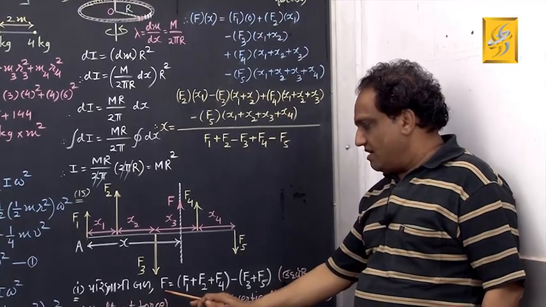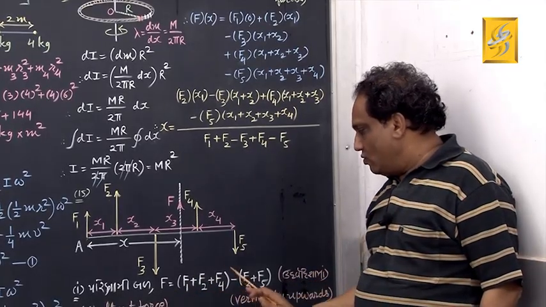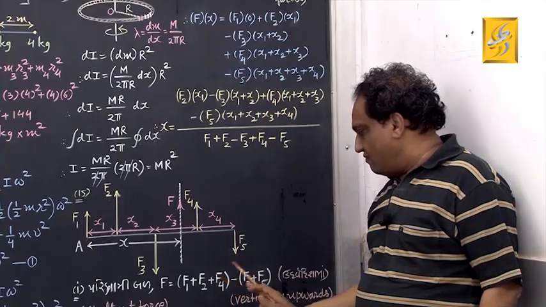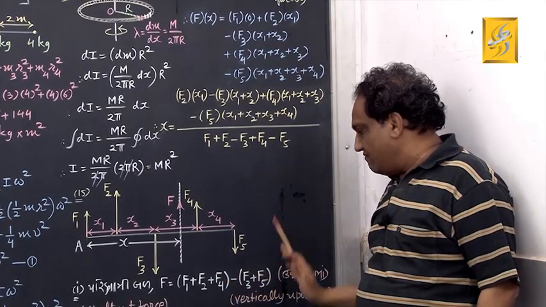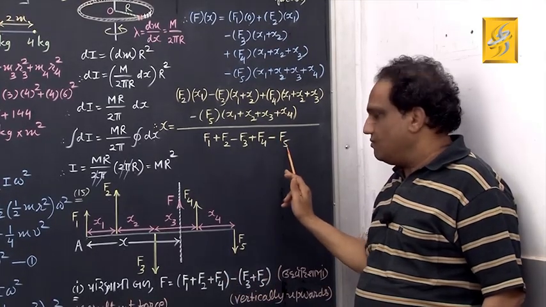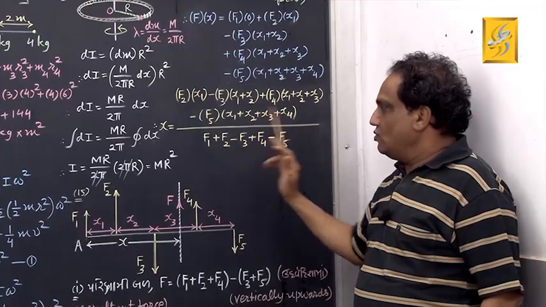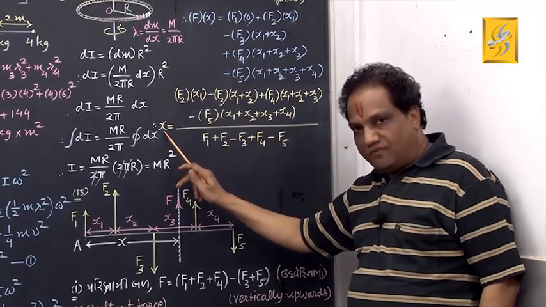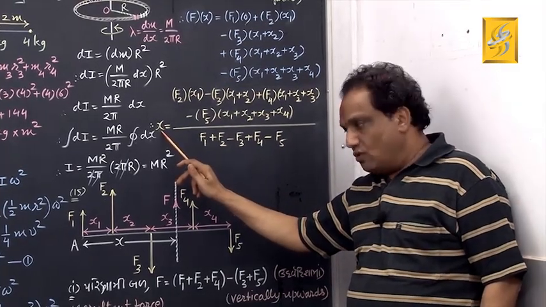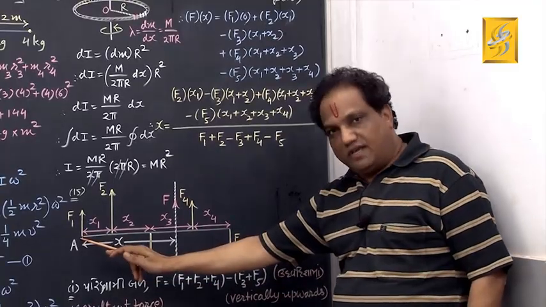I repeat, what is F? F1 plus F2 minus F3 plus F4 minus F5. Got it? So this gives you the perpendicular distance of the line of action of the resultant force from reference point A. Okay.